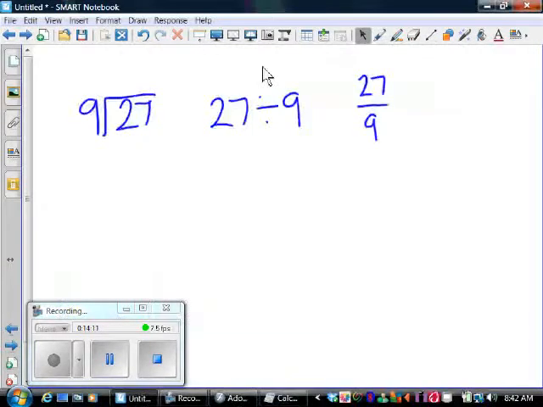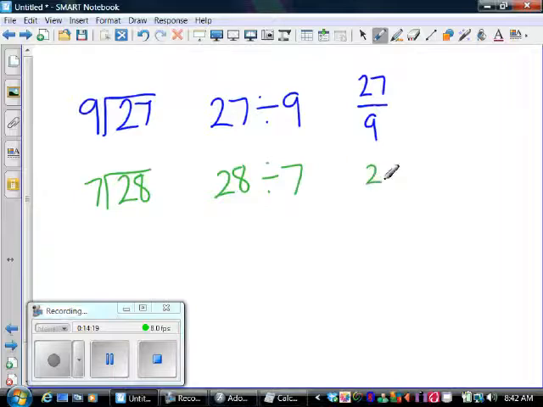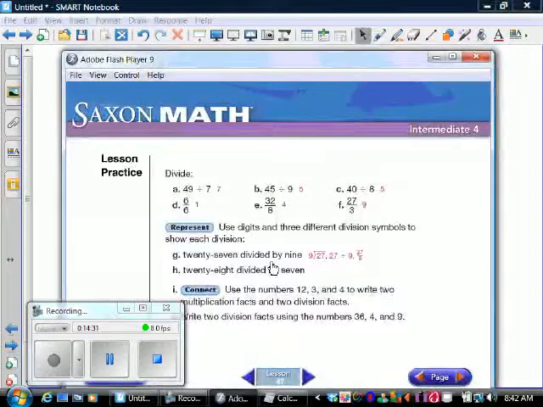Now 28 divided by 7, shown three ways. And the only tricky one is that when you use this symbol right here, you have to remember whatever you start with goes inside the doghouse. So whatever you say first goes inside.